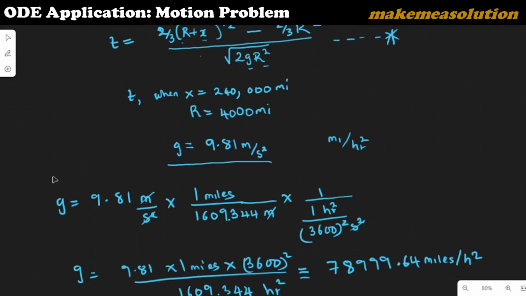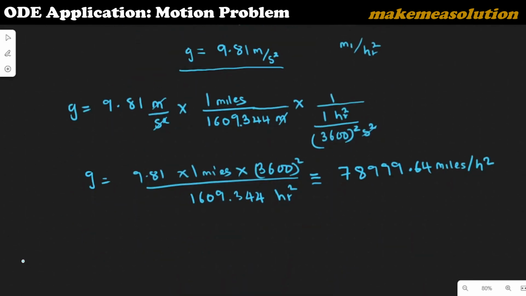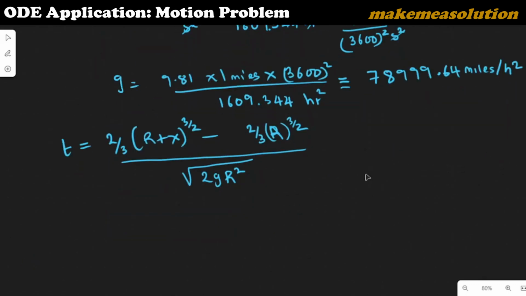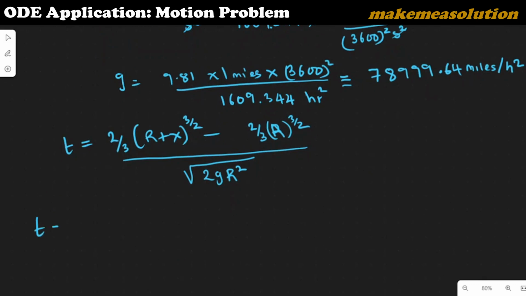To calculate t, we have t equals 2 over 3, remember, (r plus x) raised to the power of 3 over 2, minus 2 over 3 times r raised to the power of 3 over 2, all divided by the square root of 2gr squared.